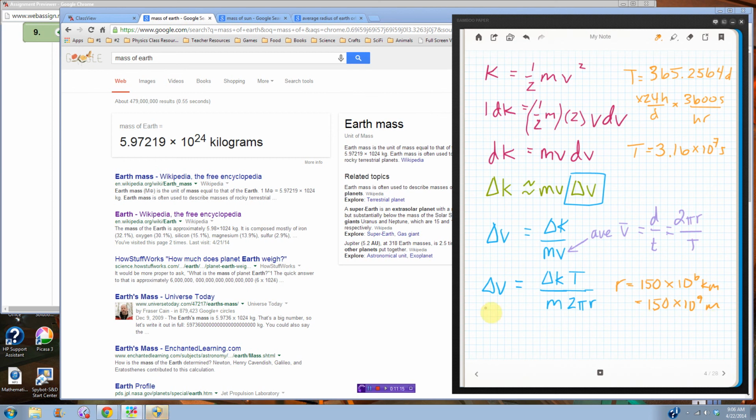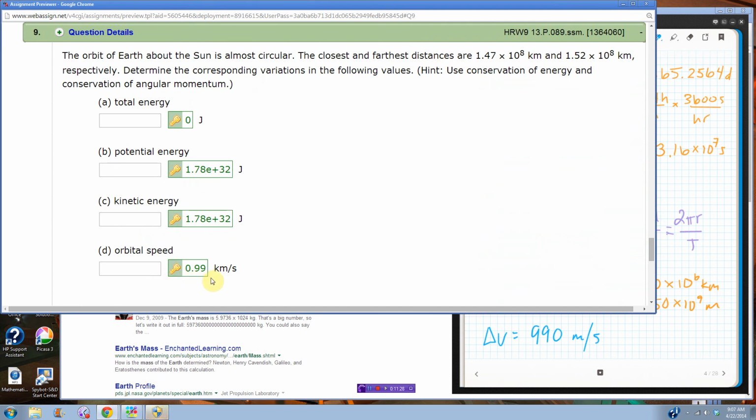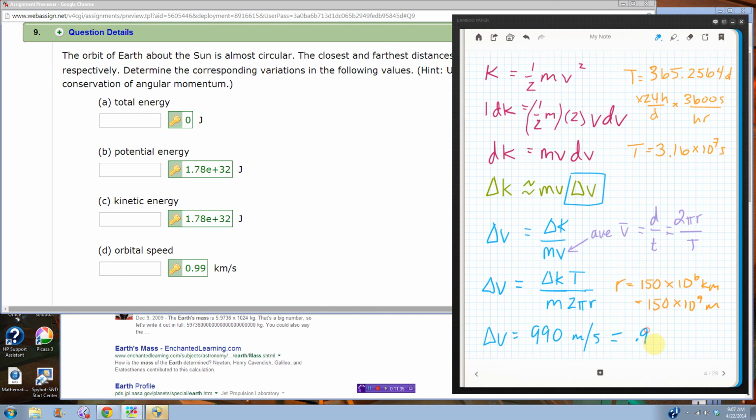If you put all that in the calculator, I get 990 meters per second. However, the answer wants our answer in kilometers per second, so I've got to divide by 1,000 to get it into kilometers, which is 0.99 kilometers per second, which is the answer that they got.